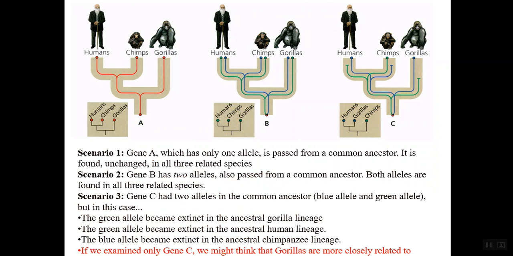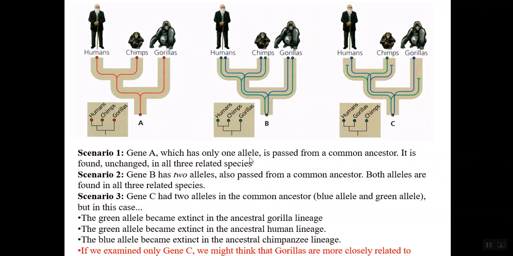let's look at a scenario that could be misleading, just to understand how important it is to compare many genes, not just one or two or three genes. Let's look at this scenario. This is also an example given in your book. These are different scenarios of different alleles.